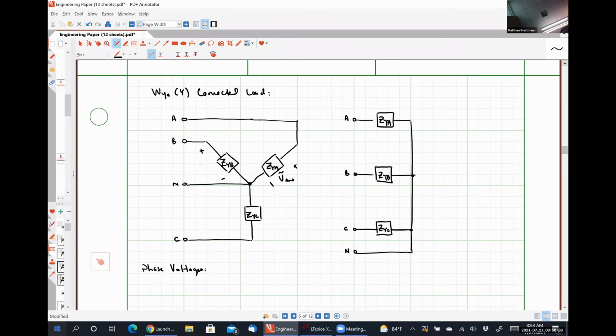This voltage measured between the B terminal and the N terminal to be a phase voltage. And this voltage measured between the C terminal and the N terminal, VCN, to be a phase voltage. So our phase voltages here are literally just the voltage drop over each of these impedances. And I can write them VAN, VBN, and VCN, like so.